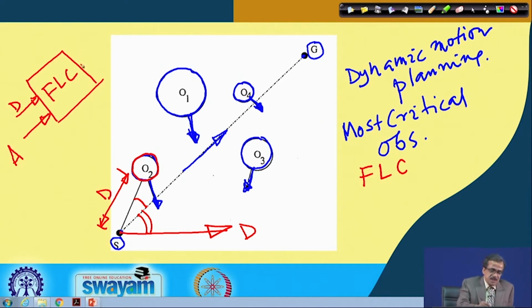I denote this deviation by D prime. So, D prime is the angle of deviation to avoid collision with the most critical obstacle. Now, let us see how to solve this problem using the principle of the Mamdani approach of the fuzzy reasoning tool.